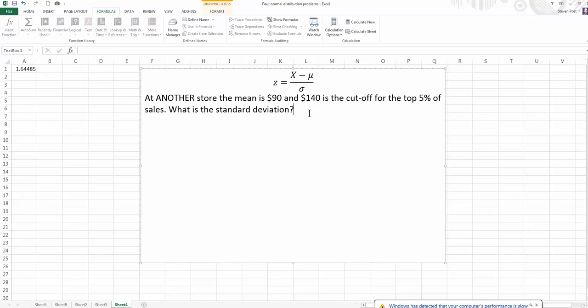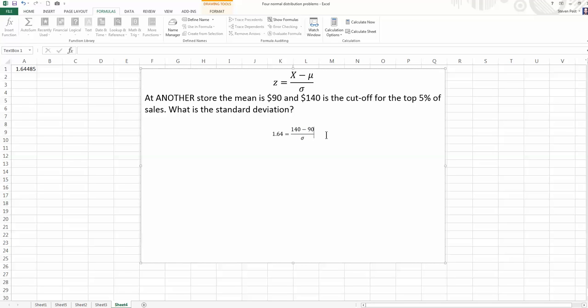So what equation do we get? Well, 1.64 equals 140, that's in the top 5%, minus the mean, that's 90, over the standard deviation.